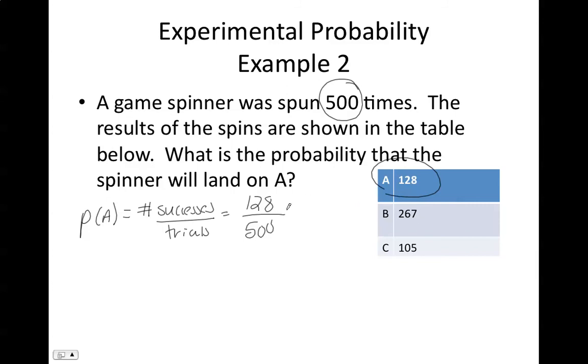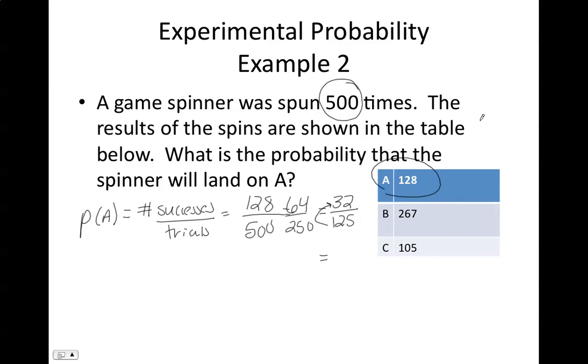So I need to go through and reduce that. And I know 2 is a common factor, so if I divide that out, I'll get 64 over 250. Both of my numbers end in an even number, so I know that's still divisible by 2 again. So that gives me 32 over 125. And if I were to write that as a decimal, I would just divide the bottom into the top.